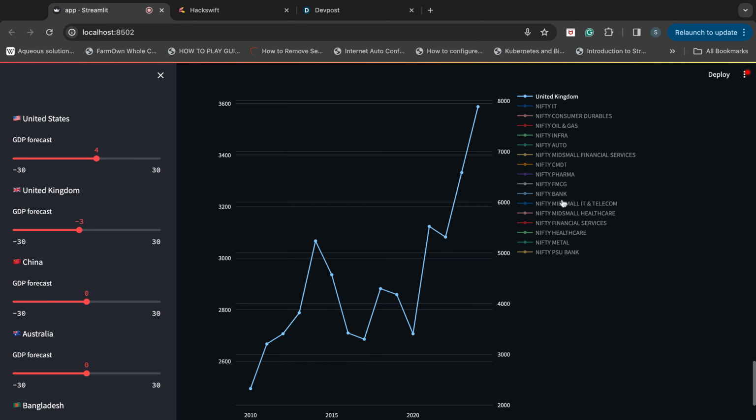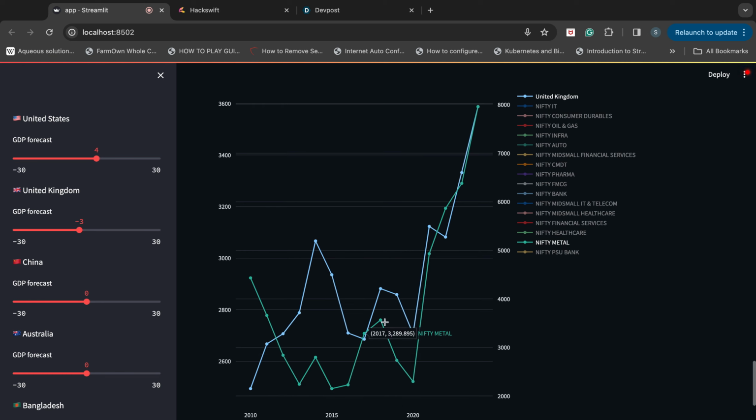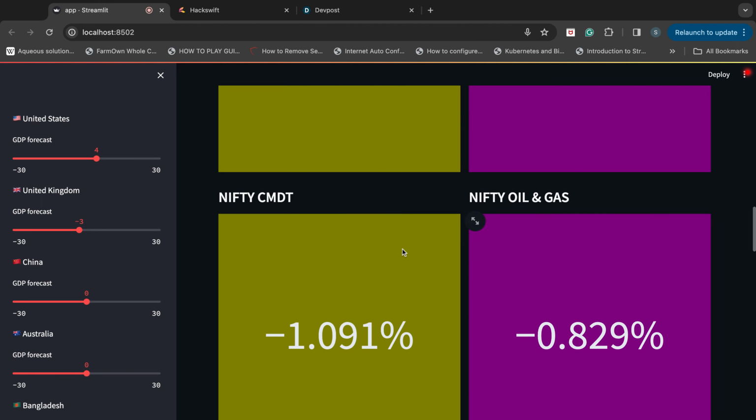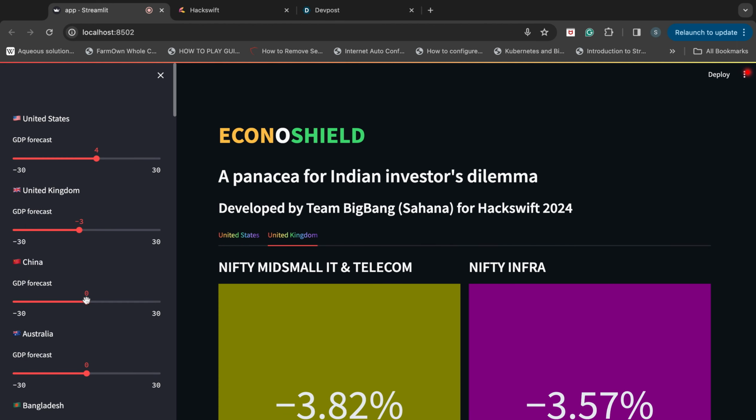Then at last we'll see metals. So metals, initially the curve is not that related, but as it proceeds, the pattern matches with the UK's GDP curve. So at last we'll go to China's GDP changes.